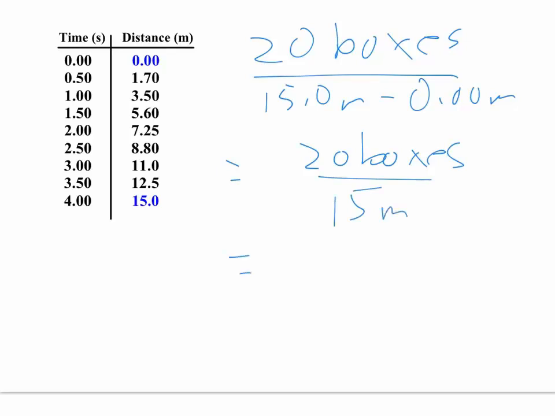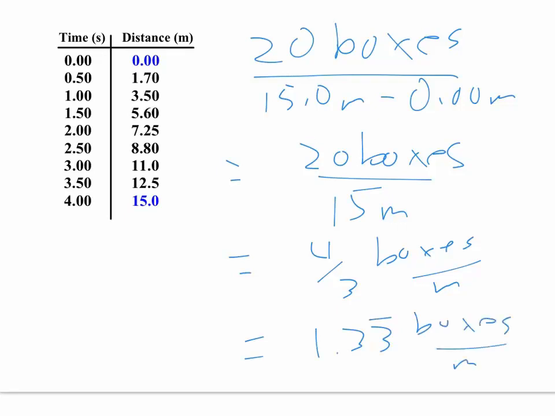Now, in reducing that down to a fraction, 4/3 boxes per meter, okay, or if I want to represent this in a decimal, if I put that in my calculator, you'd actually get 1.33 boxes per meter repeating. Okay, so that's not very nice, and the purpose of the graph is to make the data easy to interpret, and if I'm trying to do every 1 1/3 boxes, well, I'm making more work for myself than is necessary.